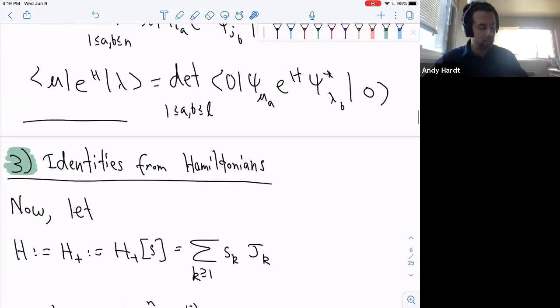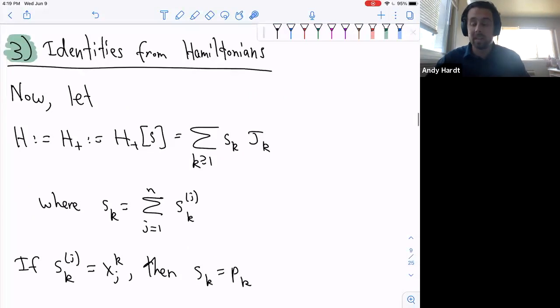Okay, so what can we do when we have Hamiltonians? Again, a lot of this stuff is from Lam's paper. So let's give ourselves two different Hamiltonians. Here's our positive Hamiltonian, which is the sum of the positive current operators and certain parameters.